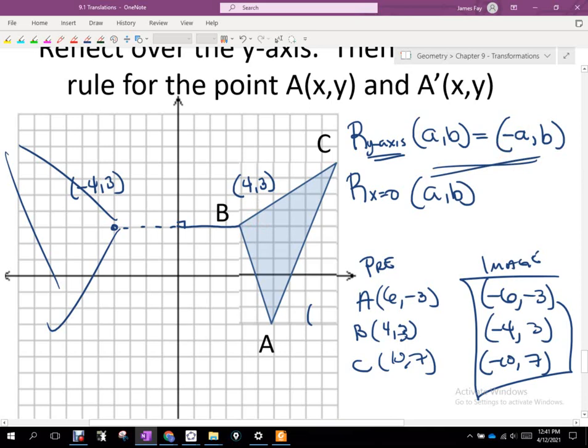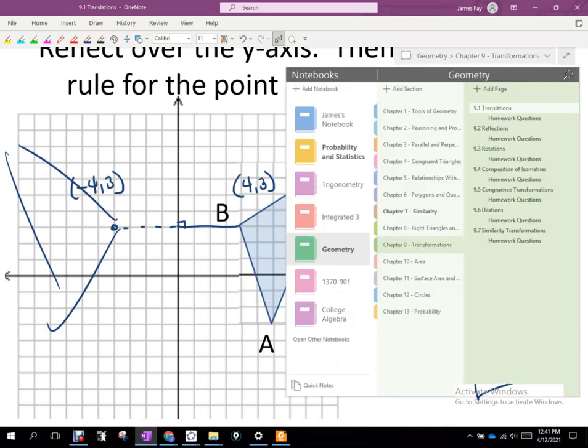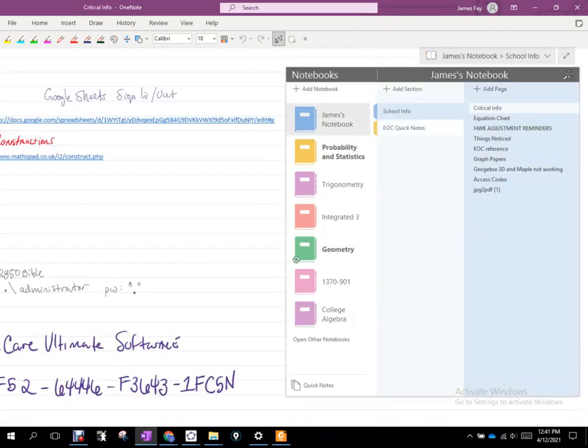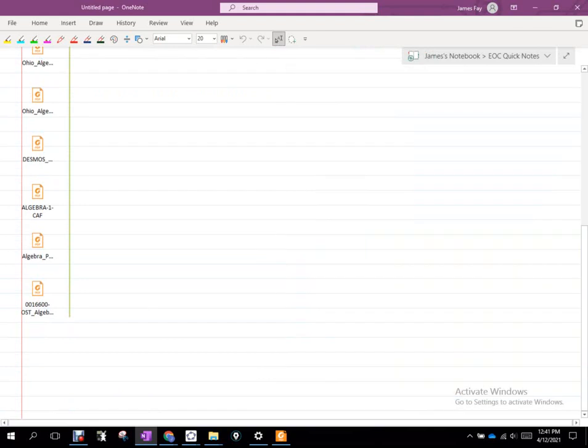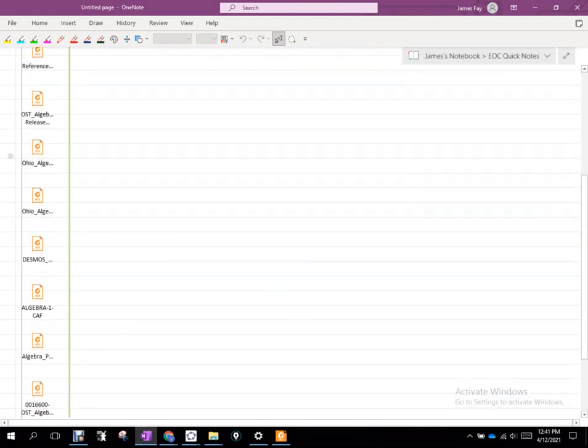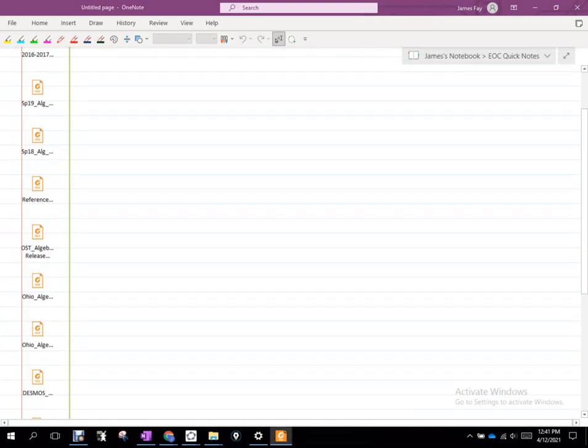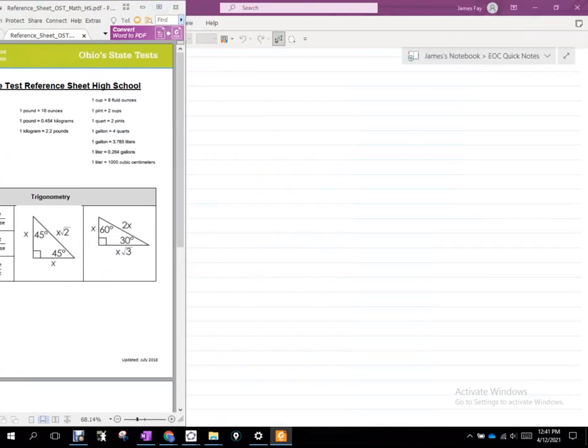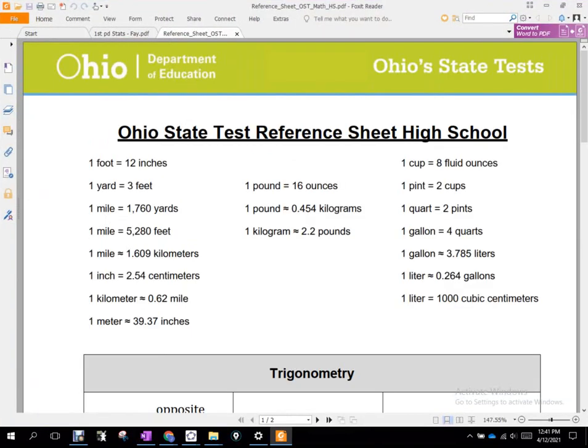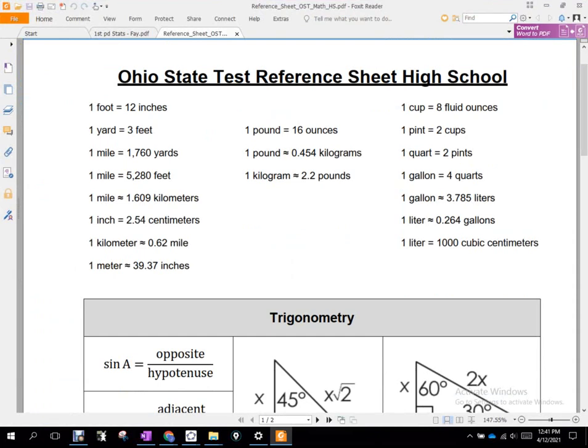Now, you guys are going to get a reference sheet for the end of course exam. The reference sheet is going off of memory right now. Let me open one of these up real quick. This is the reference sheet that you get on the end of course exam. And as we go through, it's got your conversions if you ever need conversions.